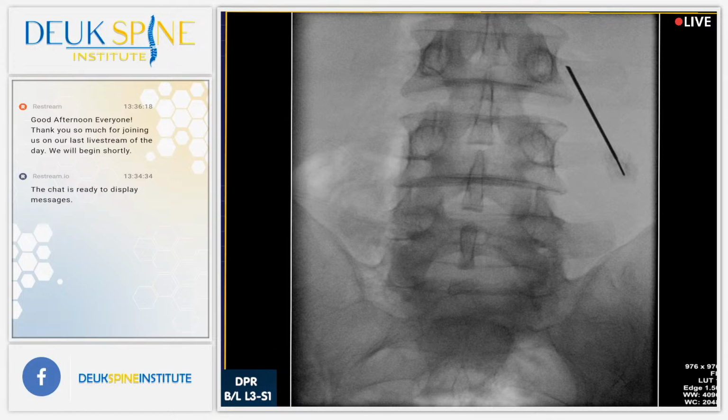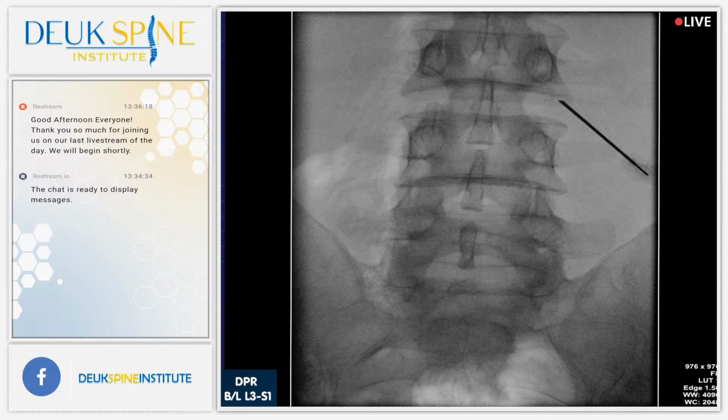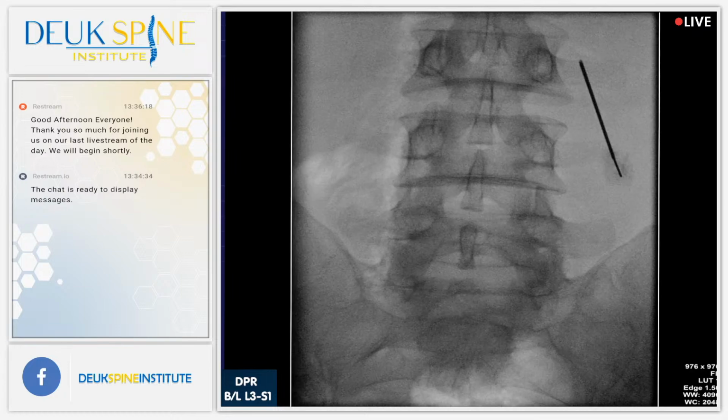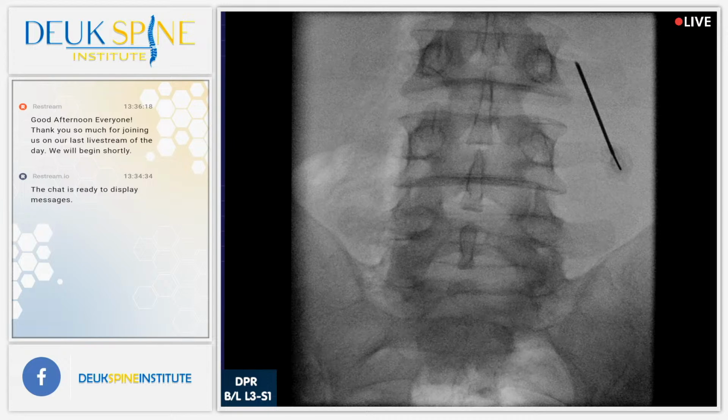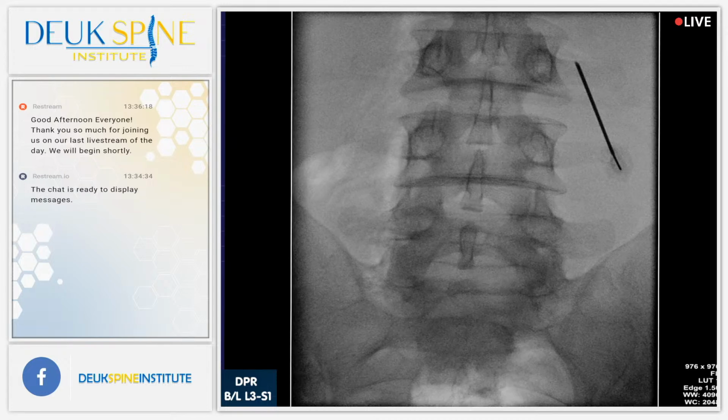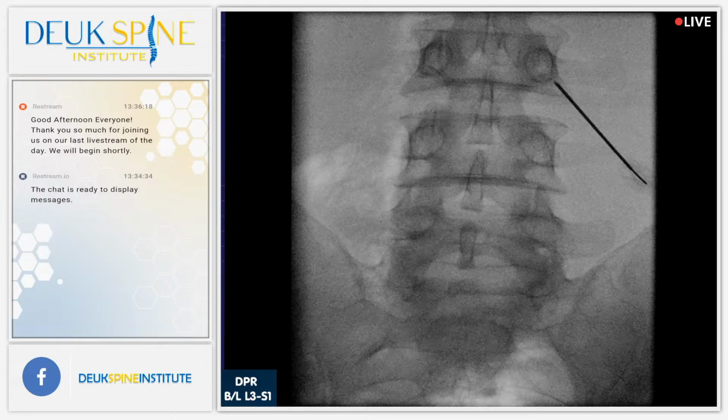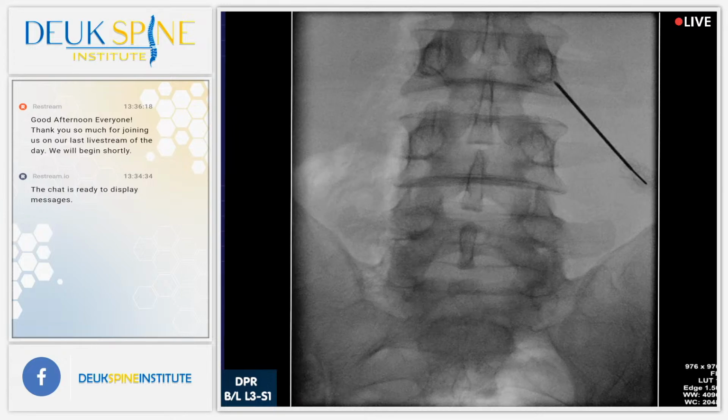So a little bit better. Even though I see it on the x-ray, I'm not feeling it.